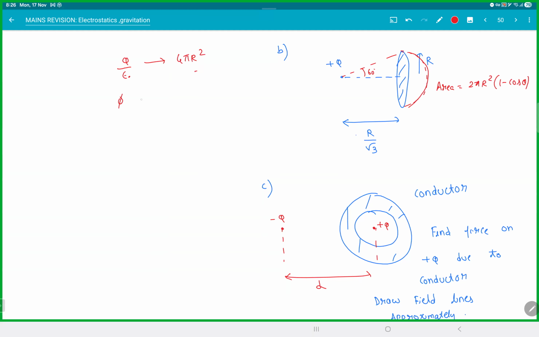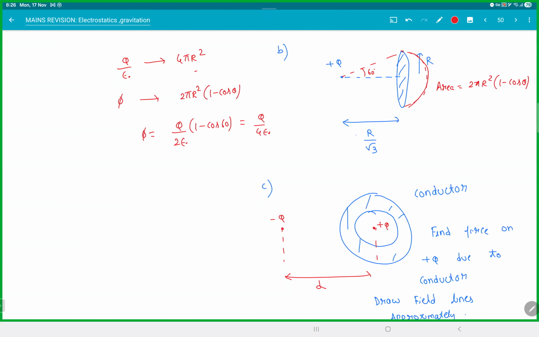Then what will be the flux for that shaded area? We have done this in Gauss law. So flux is equal to Q by 2 epsilon times 1 minus cos 60, which is Q by 4 epsilon. That's the flux passing through the disk.